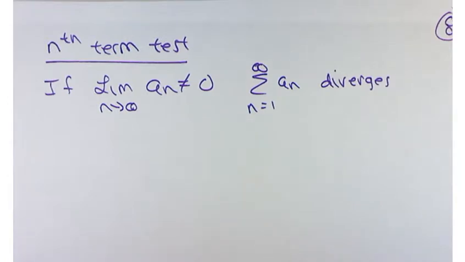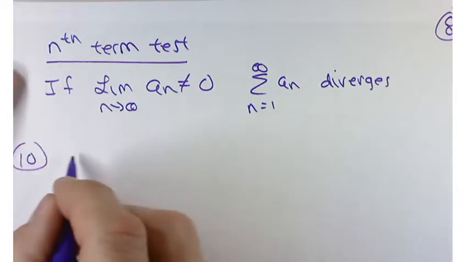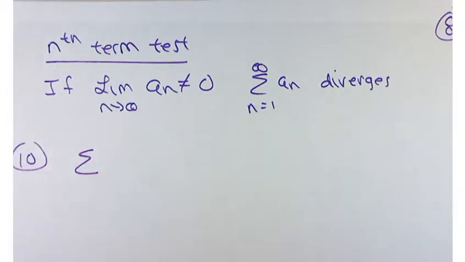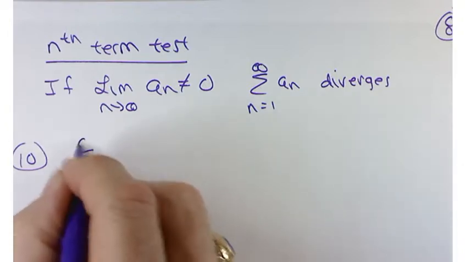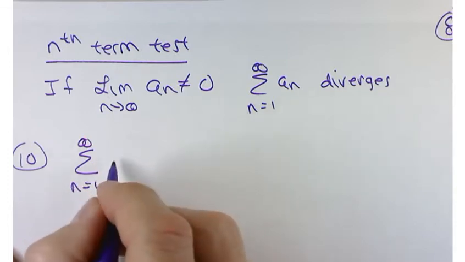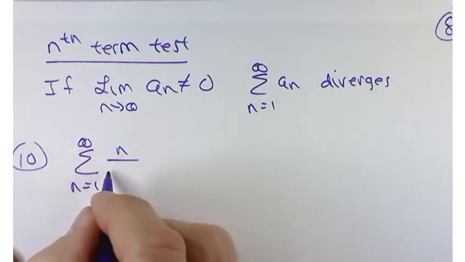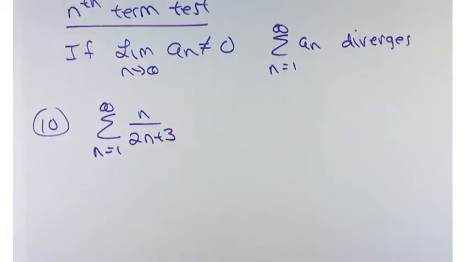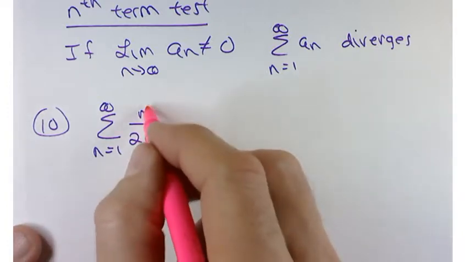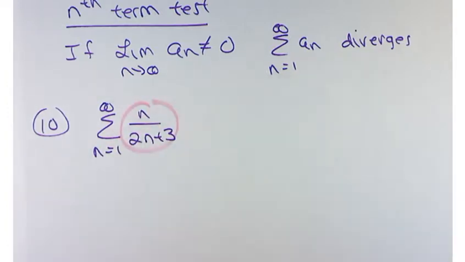Let's look at a couple examples, starting with problem number 10. The sum from n equals 1 to infinity of n over 2n plus 3 is what we're going to look at first. The terms in this series are here.